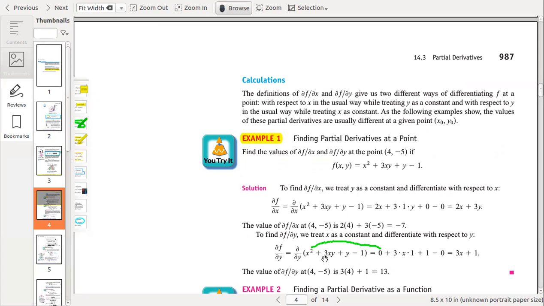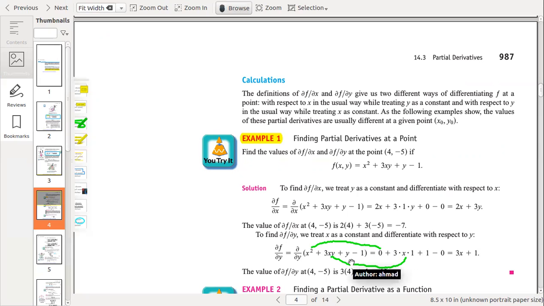And the next term is 3xy. In 3xy, y is a variable, but 3x is a constant. The derivative of y with respect to y is 1, so it will be written as 3x.